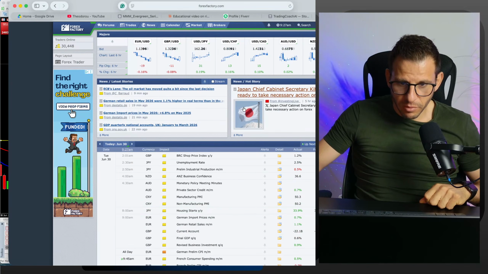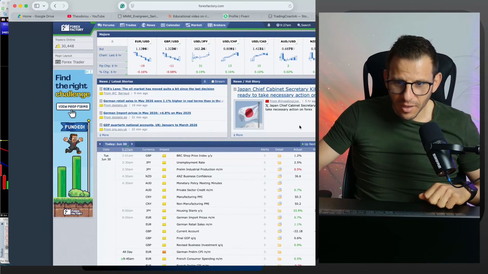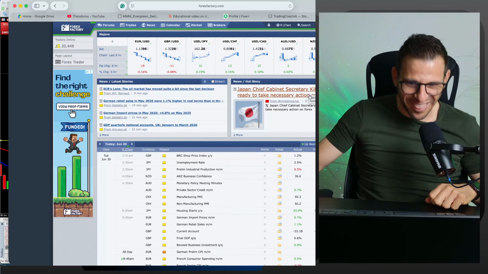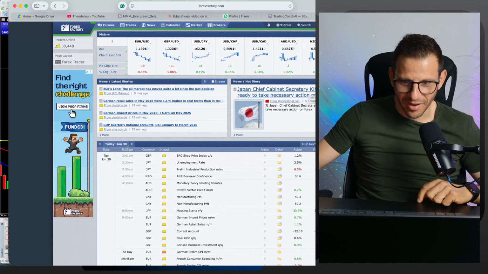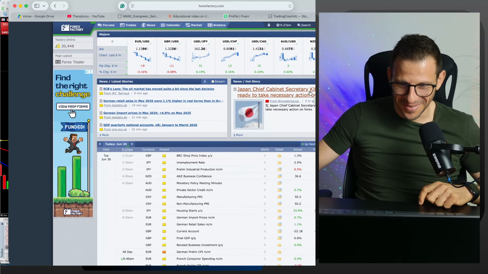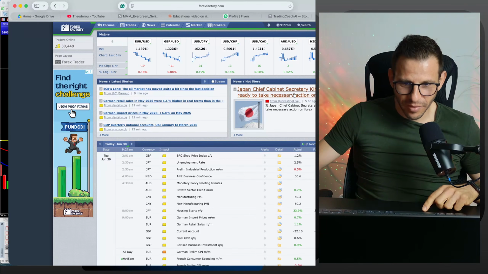Any news here? Japan Chief Cabinet Secretary Kihara. In Greek, this sounds like kithara, the instrument, kithara. And actually, this is how we write it using English letters. We call it Greek English. Kithara, always ready to take necessary action on Forex.